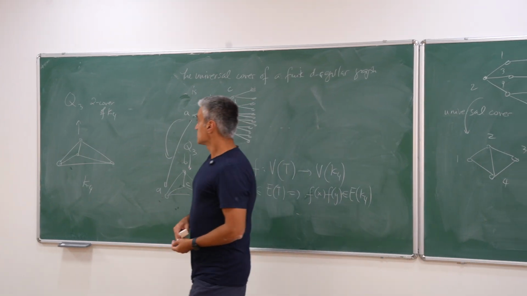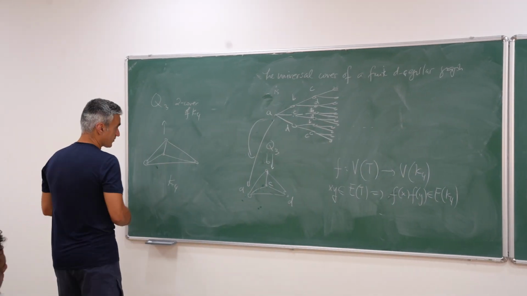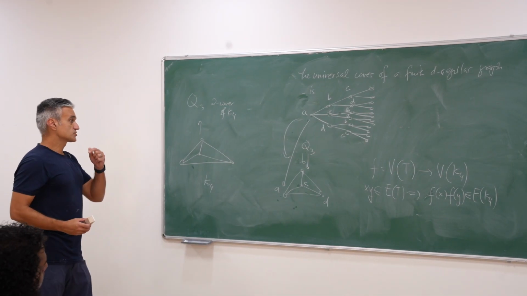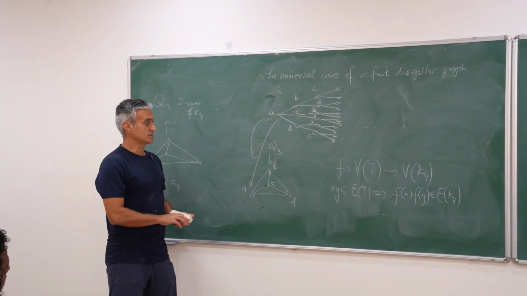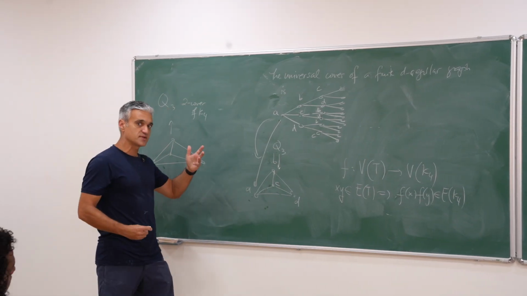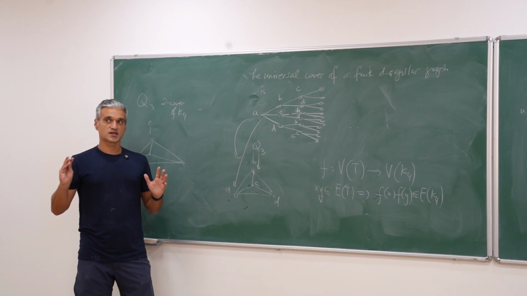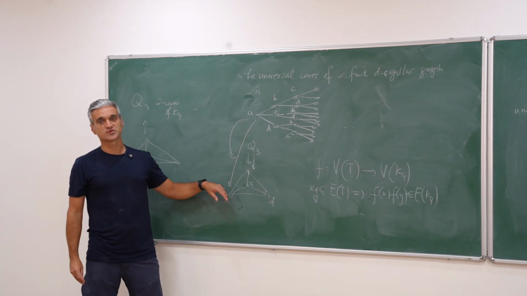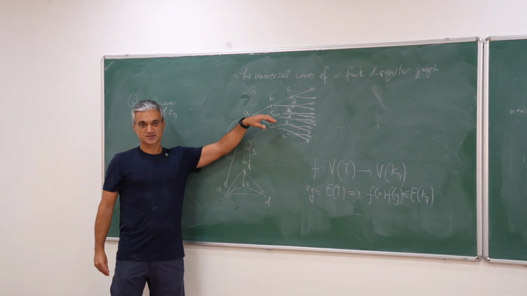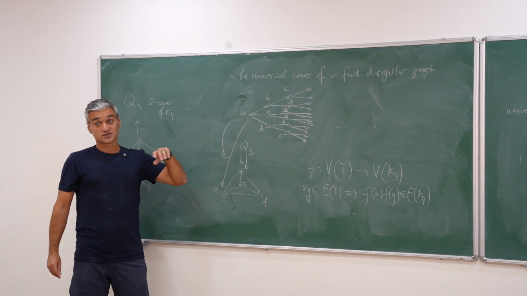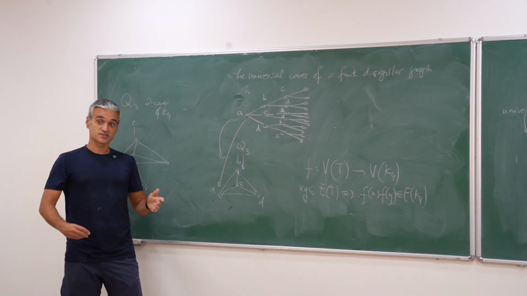Now, you see the picture gets a little bit different. You have to adjust your vision here because you're moving from finite graphs to infinite graphs. For infinite graphs, you don't have an adjacency matrix, you have an adjacency operator.